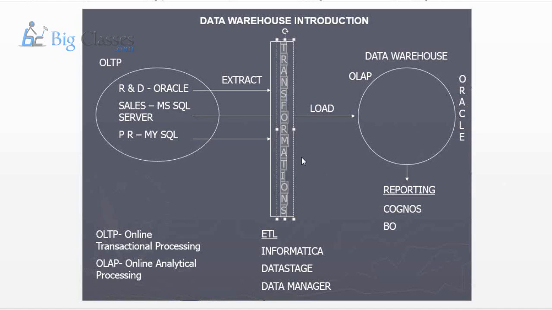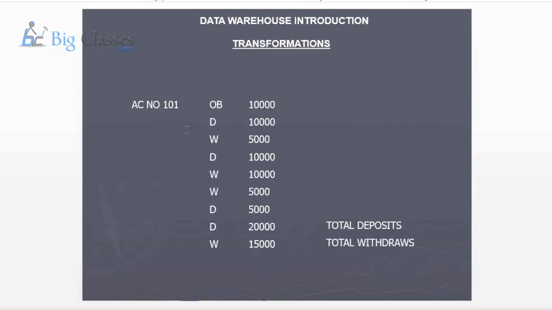First of all, what is a transformation? Let me explain that. Say for example, on a particular day, January 1st, 2015, in bank account number 101, there is an opening balance, and on the same day multiple transactions happen in this bank account.